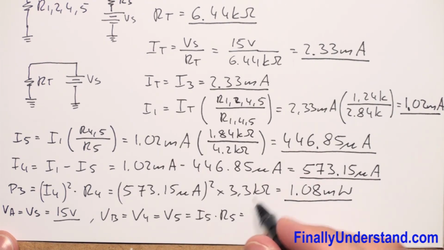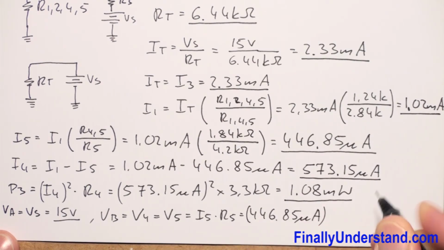I5 is equal to 446.85 microamps times R5, which is equal to 4.2 kilo ohms.